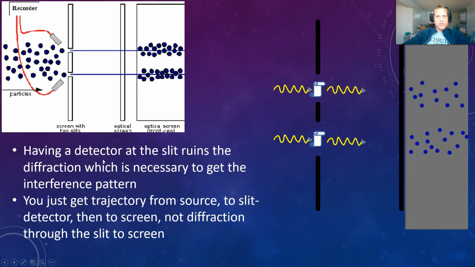So it ruins the, and I just used little scrolls here as detectors. At first I just made this up myself, and then I realized there's probably a better one that I could find online. So what you really need to get that interference pattern is you need diffraction. We won't get into why you get diffraction through a slit, but it's related to the wavelength and the wave sort of curving around the edges.